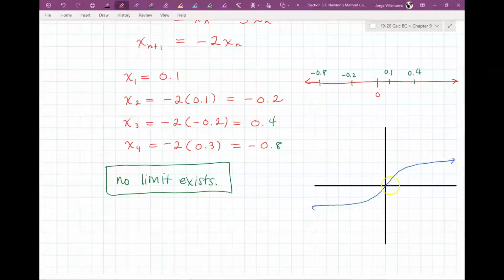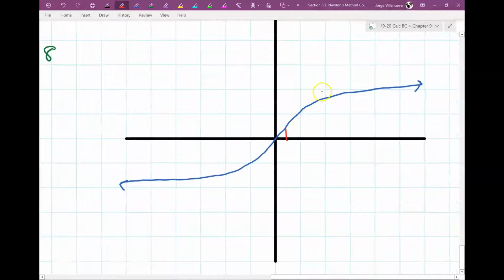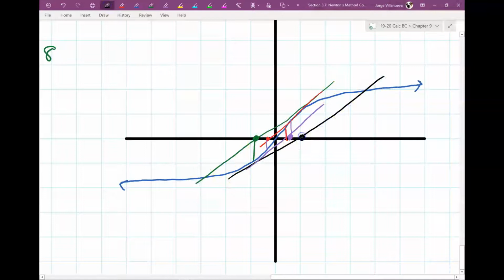If I try 0.1, then the tangent line would take me here, okay? And then if I tried the next point, the tangent line would take me a little further. So I know I'm not doing it great. I'm sorry about that. But if I go to the next one, that tangent line would take me out a little further. And then if I go to this next one, this tangent line would take me out a little further.